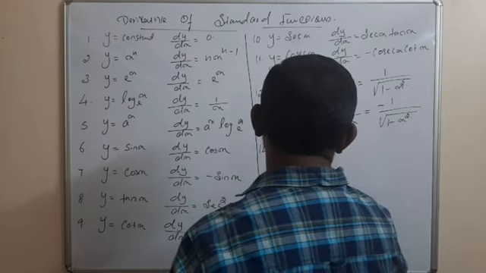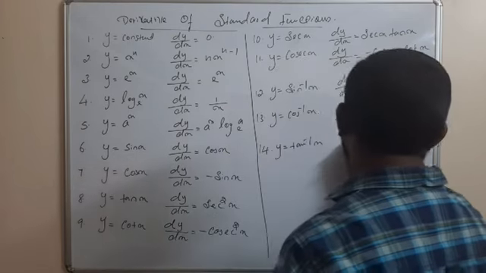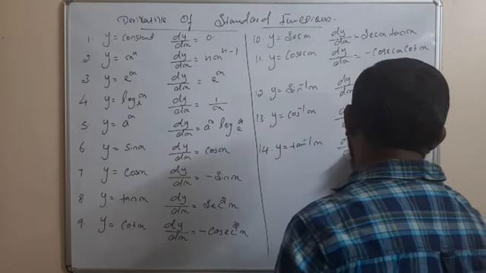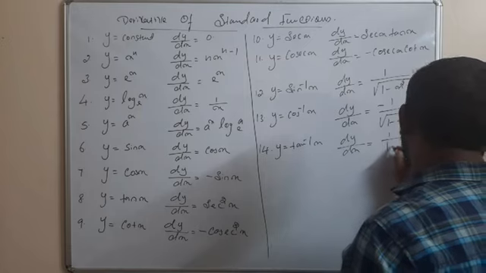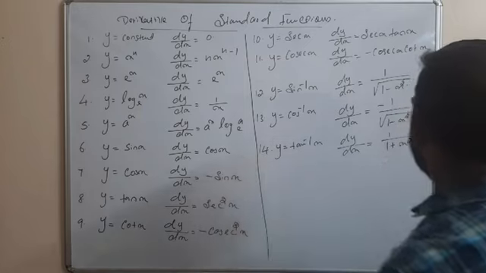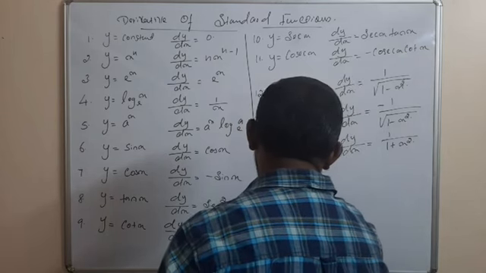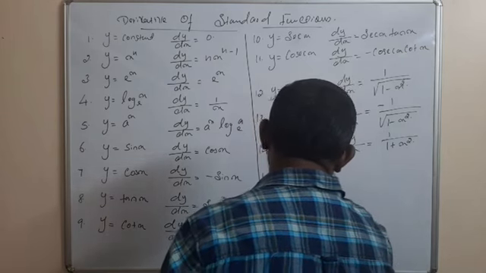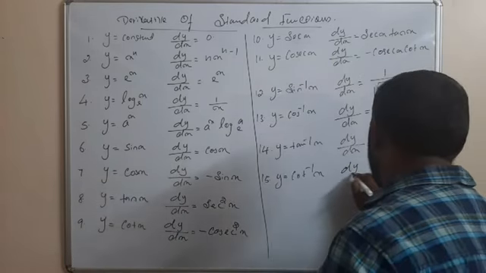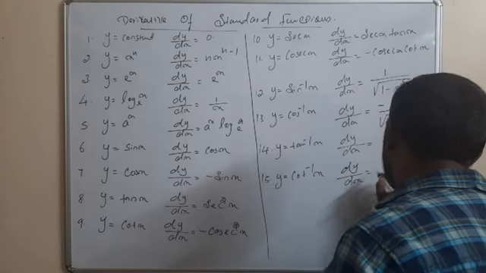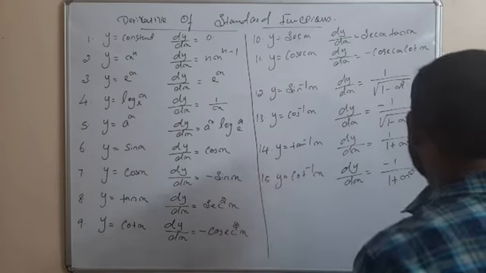Y is equal to tan inverse x. dy by dx equal to 1 divided by 1 plus x square. Y is equal to cot inverse x. dy by dx equal to minus 1 divided by 1 plus x square.